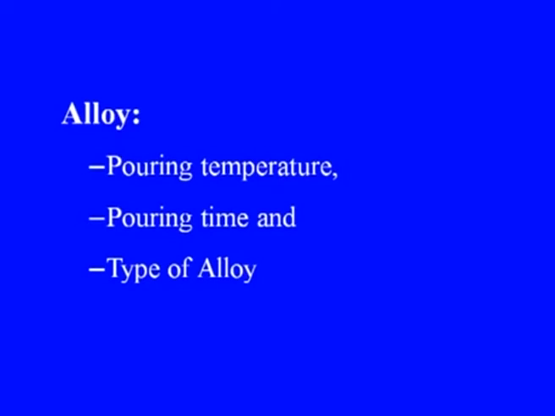Then slurry based parameters, that is the type, composition, size and size distribution. Then alloy parameters, that is pouring temperature, pouring time and type of alloy. Then regarding ceramic slurry, pH value of the slurry, density of the slurry and viscosity of the slurry are the parameters of major interest.